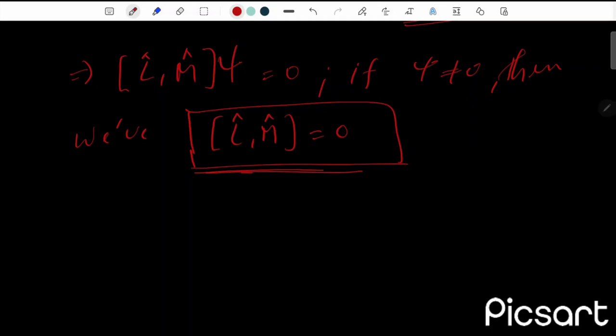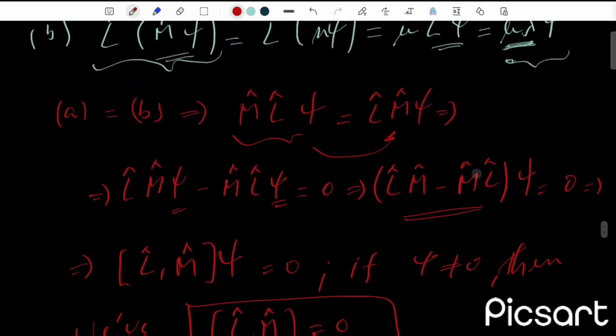As we have talked about in the previous video, this means that we can observe experimentally both operators' eigenvalues at the same time, in only one experiment. Okay.